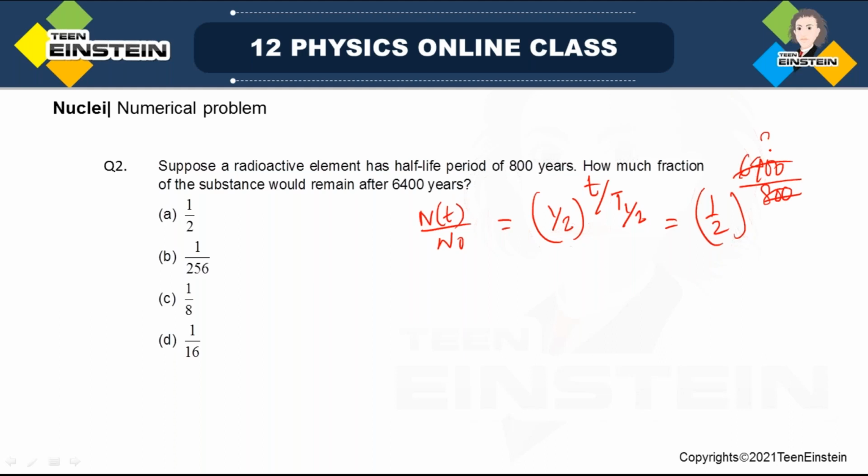So this will give you 8, hence half to the power 8, which gives rise to 1 over 256. So this is the second question. The answer is option B. I hope you have understood this. We'll go to the next question.